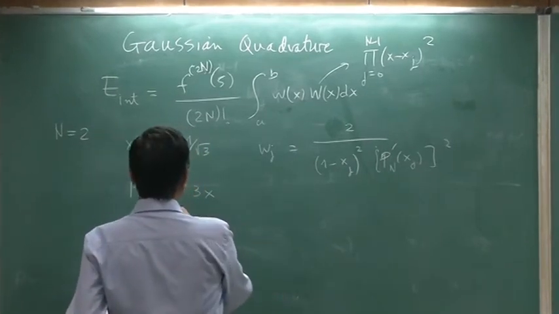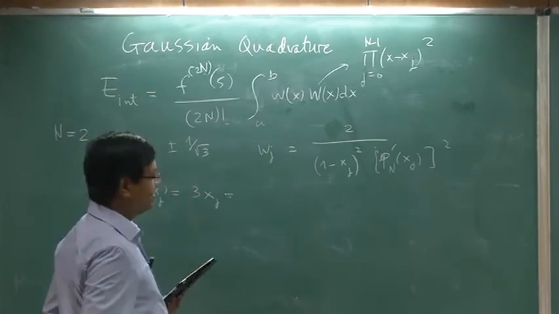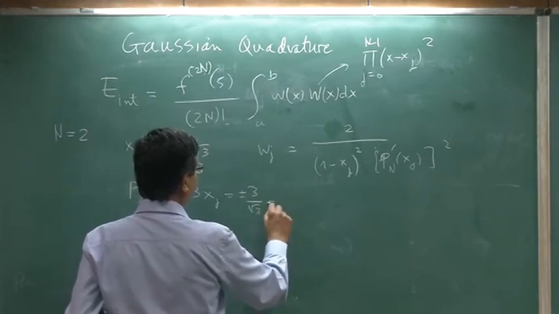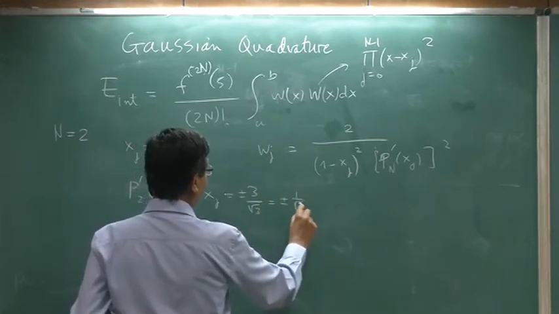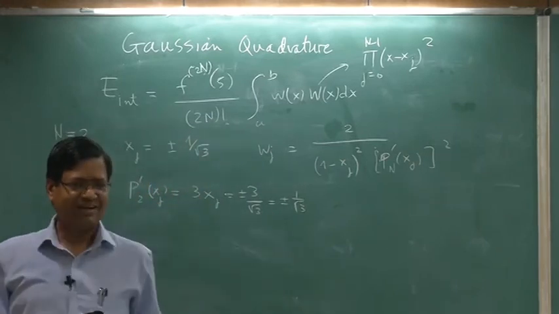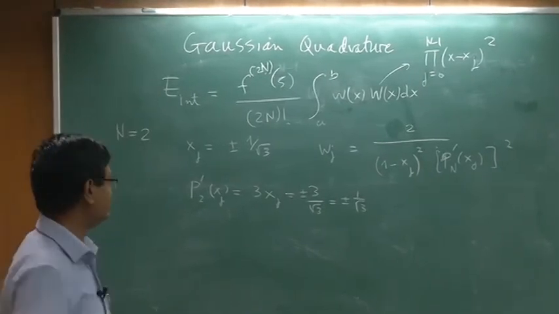So the values of p at xj will be plus minus root 3, so this becomes plus minus 1 by root 3. In fact that happens to be equal, which is nice, since I do only squares, so I will be safe, I do not need to worry about the signs.